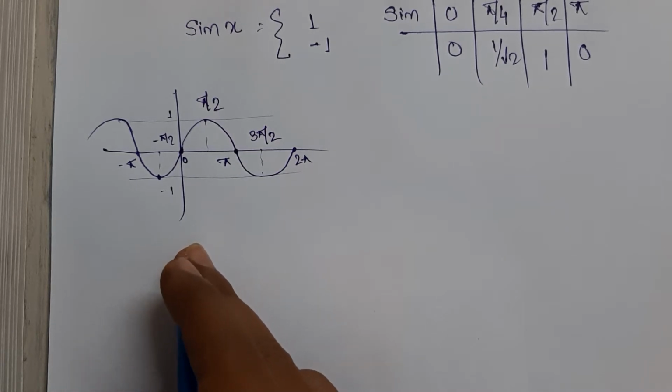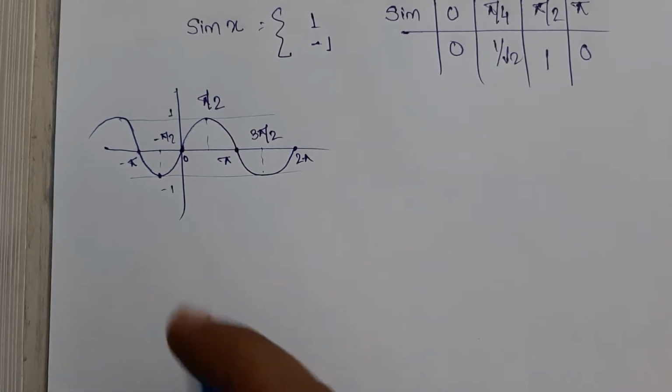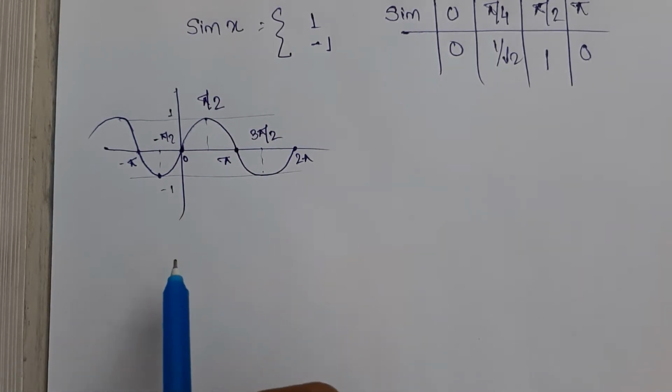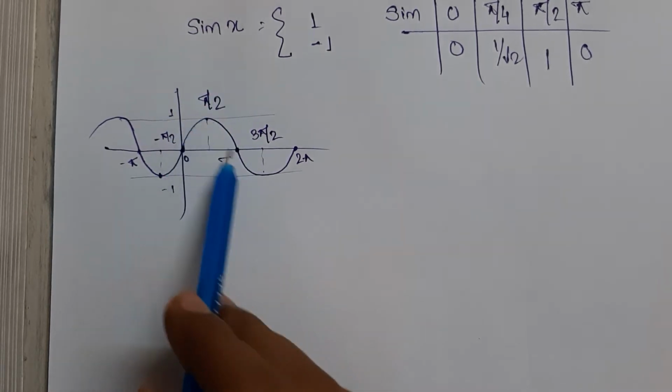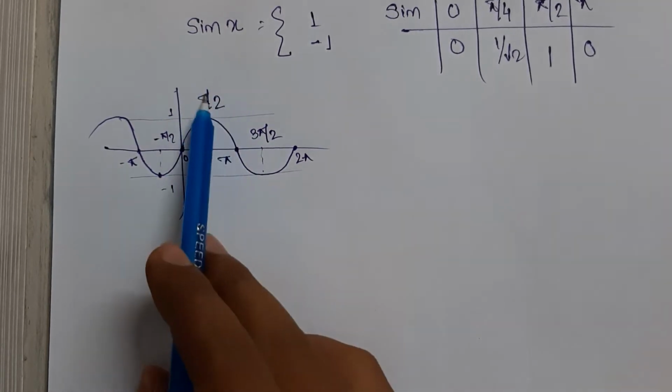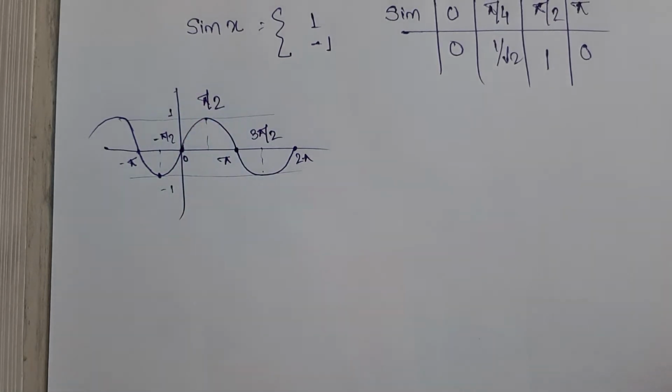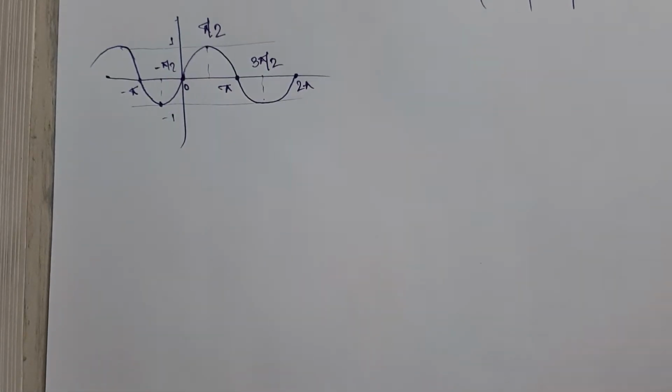There you don't need to remember when it will give 1. You can draw the graph and jot it down from there. So this is the basic sin x graph.